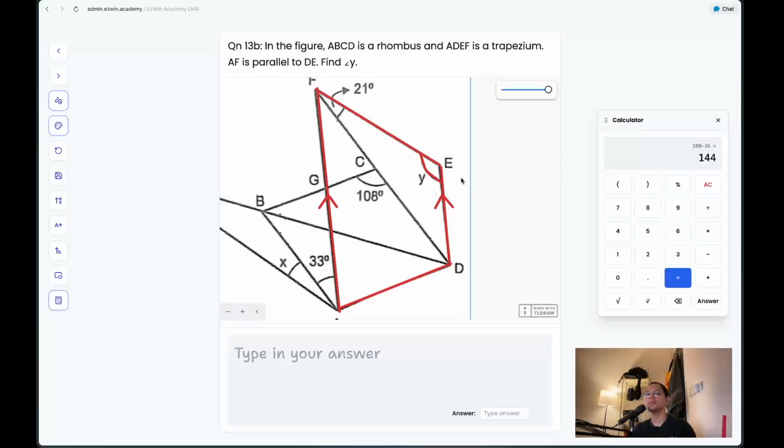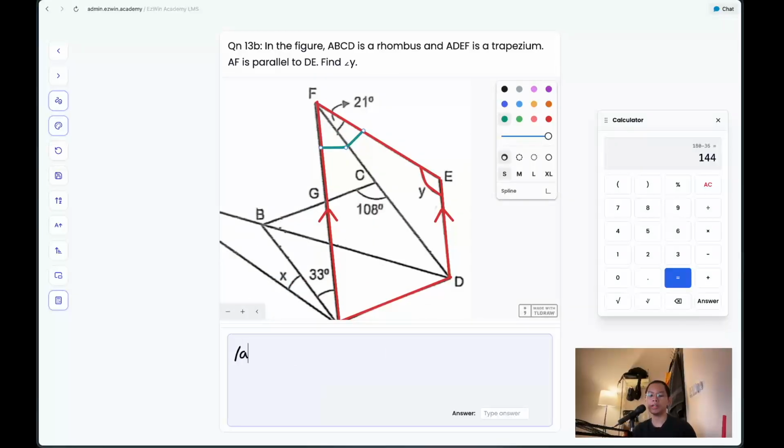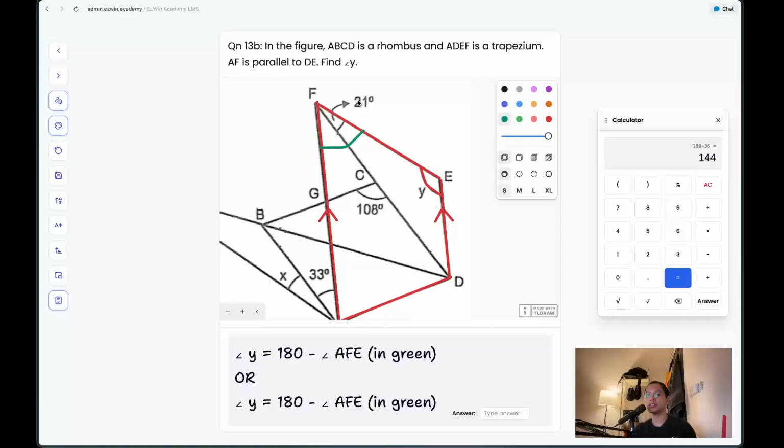So from here, for angle Y, we can either have this angle, which is AFE. So angle Y is equal to 180 minus angle AFE, which is in green, or angle Y is basically 180 minus DFE, which is 21, minus angle FDE, which is in this case in yellow.